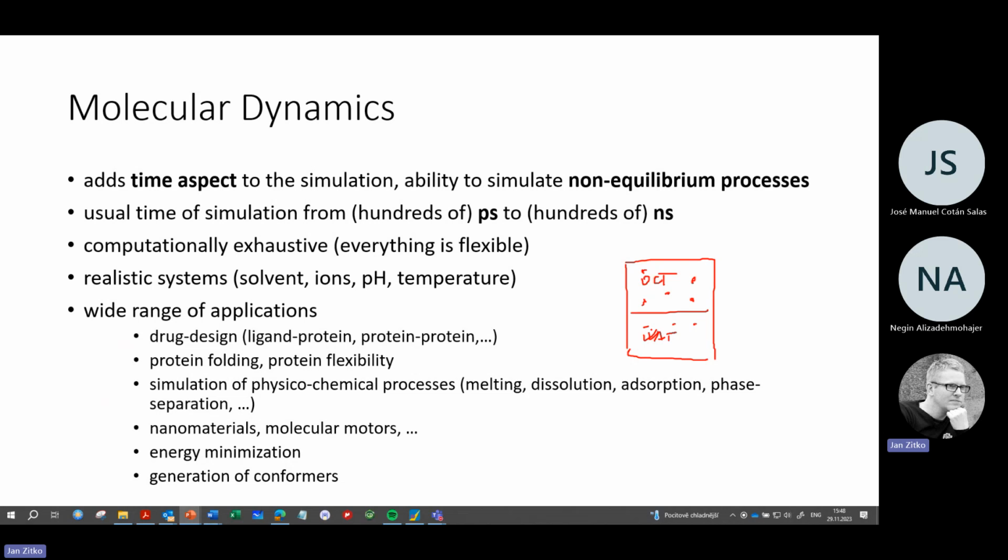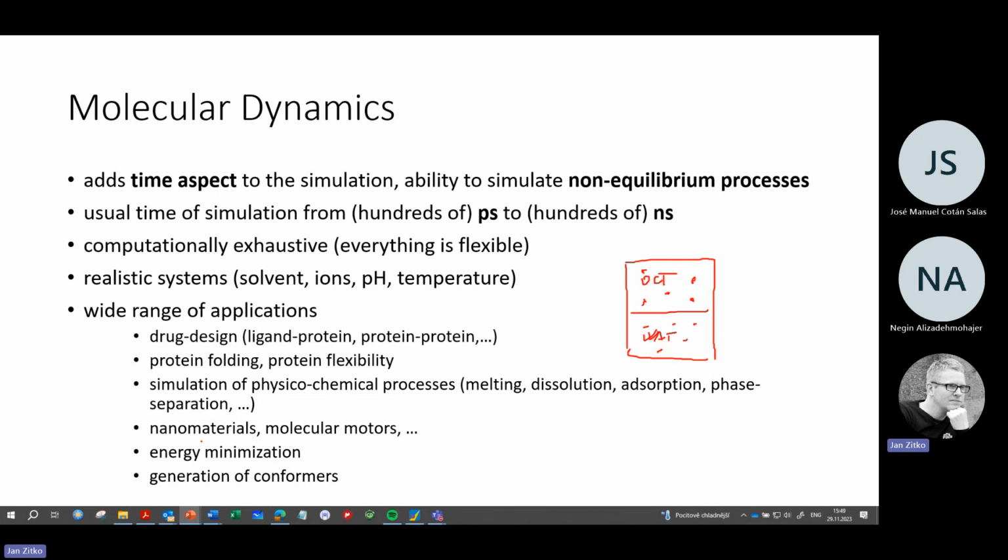Of course, in practice you'll have many more. This is your starting system, and then you let the system develop by molecular dynamics. That's the simulation. After a certain time, you evaluate how many instances of this compound are in the octanol phase and how many are in the water phase, and you just do the division. So this is simulating the partitioning, and methods have been successfully developed to predict log P based on these molecular dynamics simulations.